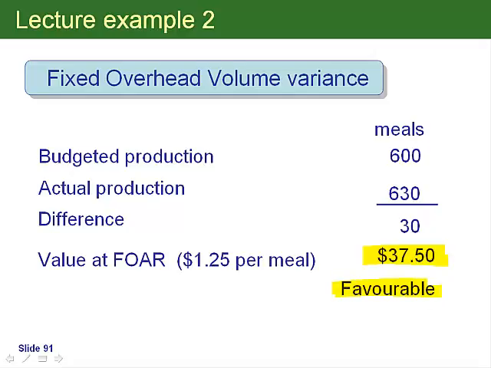Now remember your expenditure variance. Our expenditure variance was 0. So our total overhead variance under absorption costing would be 37.50. Now just to prove that for you, let's have a look at how we get to 37.50.